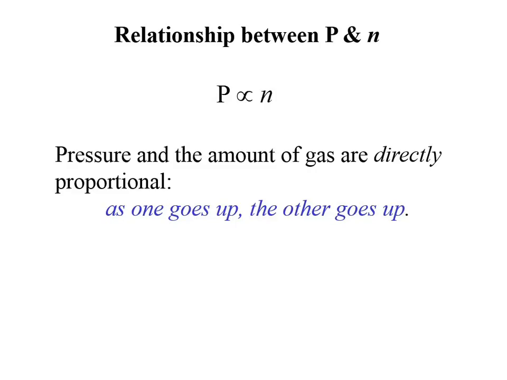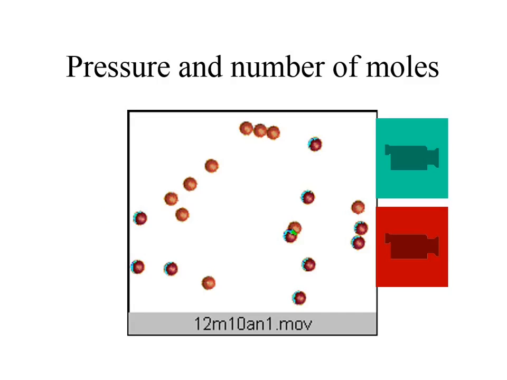If I keep increasing my number of moles of gas particles, I'm going to increase the pressure. How can you tell? I can have a pressure gauge, or I can just feel that it's more taut. So they're proportional. The video is similar: the first one has some balls in there, those are gas particles, and in the next one you put in more gas particles, and ding, ding, ding. So increase the moles, increase the pressure.